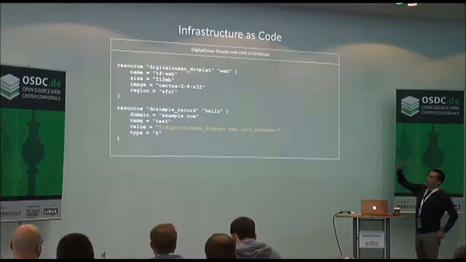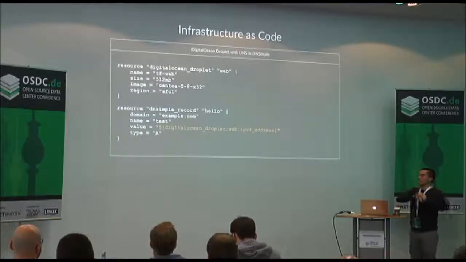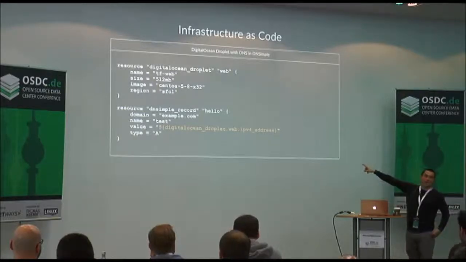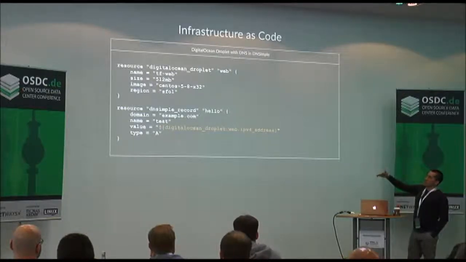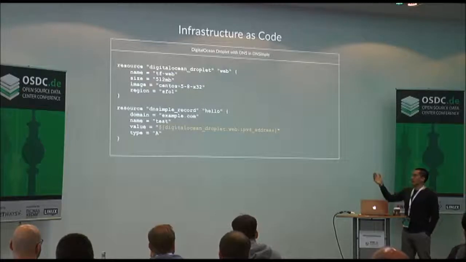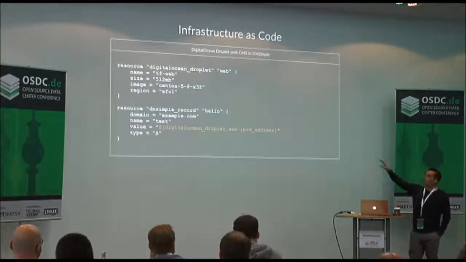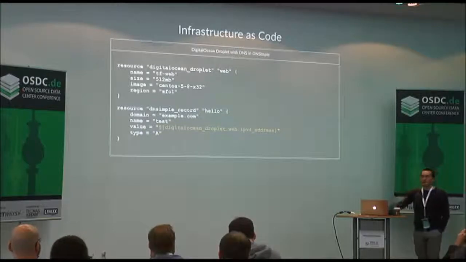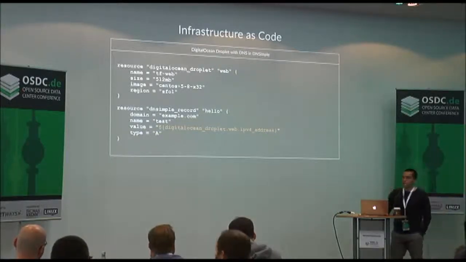Any resource could reference any attribute of any other resource, basically. So that IP address isn't a variable. It's not coming from some operator-configured thing. It's just something that was computed as a result of creating a DigitalOcean droplet, and now we can use that value later. And that's really important to making this work.